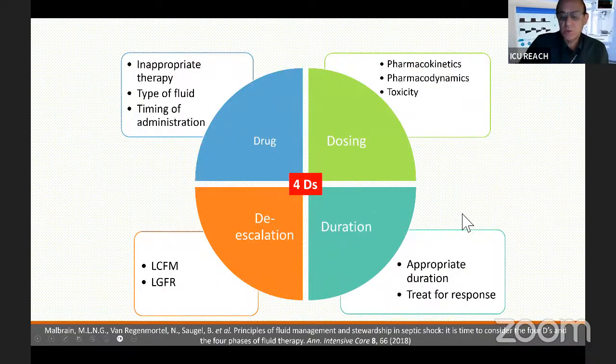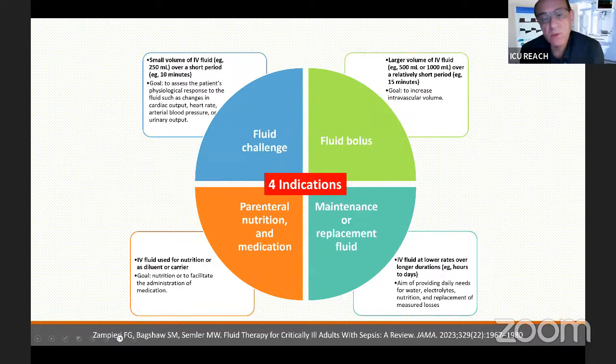So the four indications would be, number one, fluid challenge, which is giving a small dose of fluid, 250 within 10 minutes, just to assess the physiological response of the hemodynamics. Versus fluid boluses, which would be 500 to 1 liter to be given to the patient over like 15 minutes, half an hour.